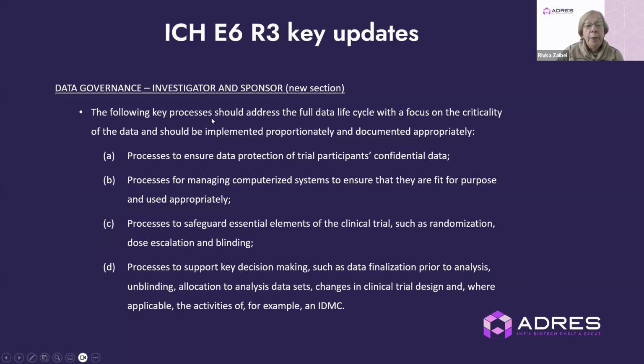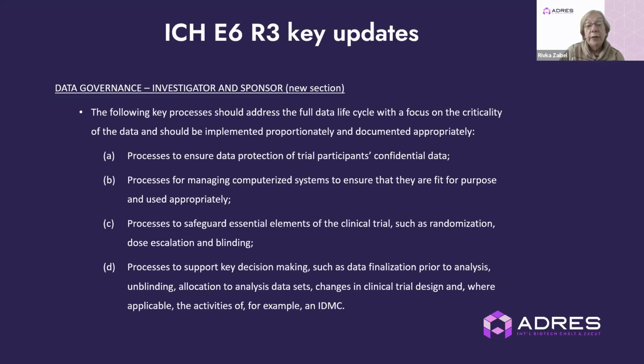The following key processes should address the full data life cycle with a focus on the criticality of the data and should be implemented proportionately and documented appropriately. Processes to ensure data protection of trial participants' confidential data. Processes for managing computerized systems to ensure that they are fit for purpose and used appropriately.